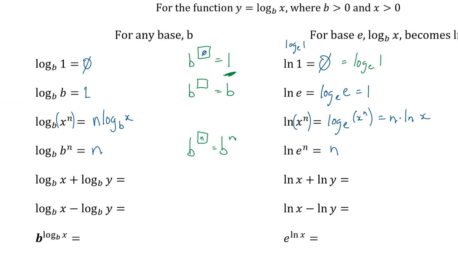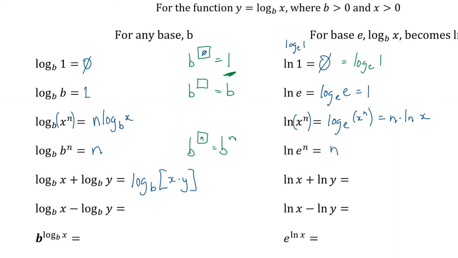If I have log base b of x plus log base b of y, this is one of our properties. That is equal to log base b of x times y. Remember that one? If you're adding logarithms, you can take the log of the product of the arguments.